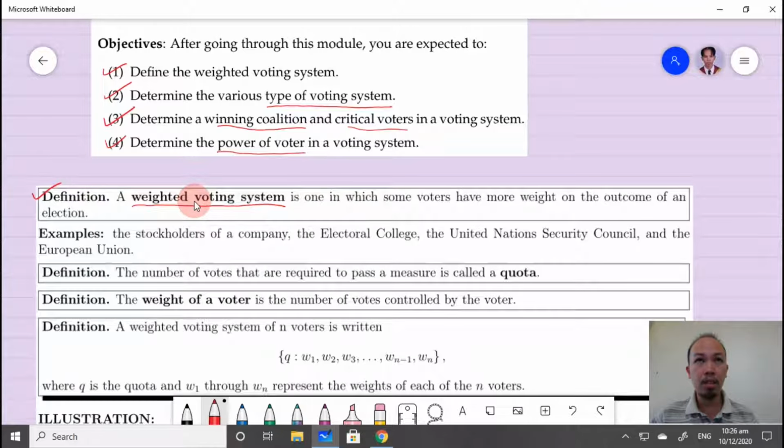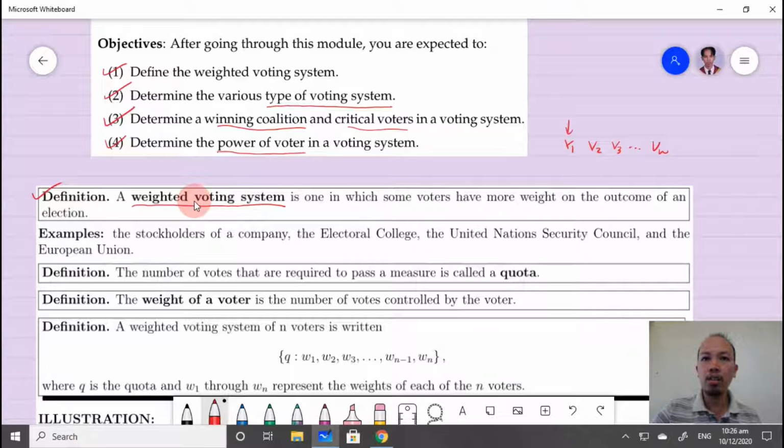Meaning to say, if you have a voter, it is denoted by V1 or A. Voter A or voter V1, voter V2 for voter B, and so on. Just imagine this situation: you have voter V1, voter V2, voter V sub 3, and so on and so forth, up to voter Vn.